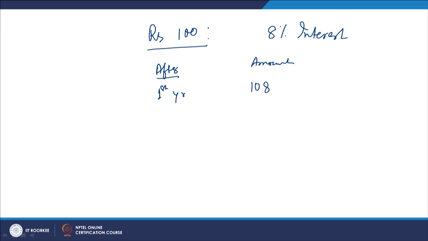So, this is 8% interest per annum, compounded annually. In the second year again there will be 8% of 108, that will be the interest. So, it will be 108 into 0.08, which is 8.64. So, ultimately it will be 116.64, like that.